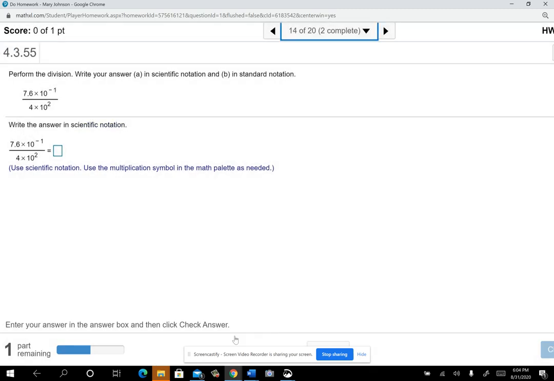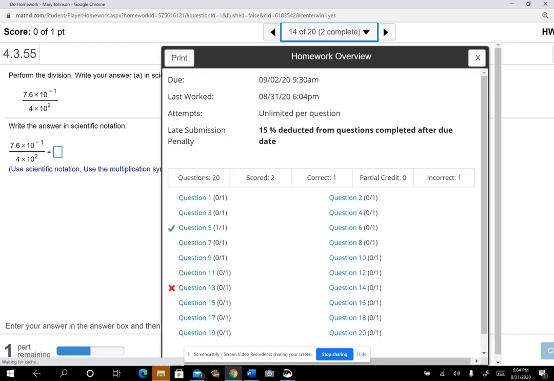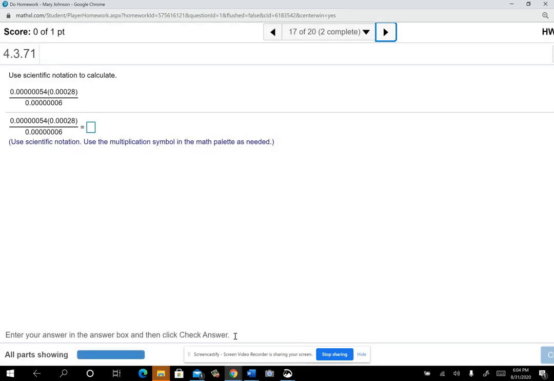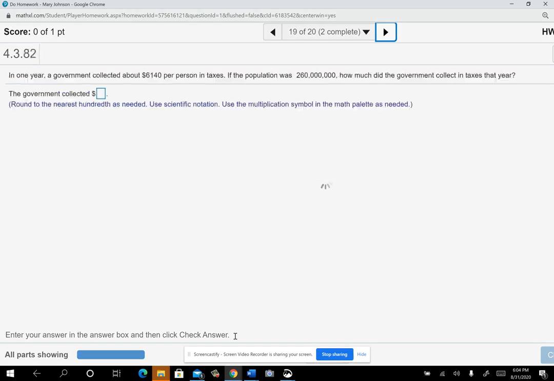I want to go to number 18, I think it is. I'll just move using the arrows. Okay, 19. All right, 19 and 20. Let's just talk about the setup on this one.